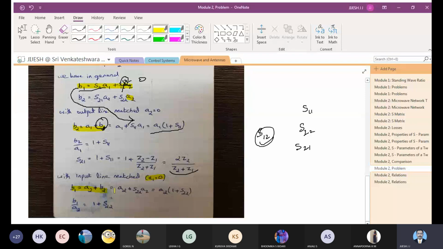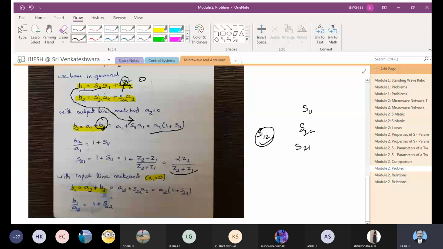Substituting this portion as 0, let us put A1 is equal to 0 and we'll be left with B2 is equal to S22 A2.